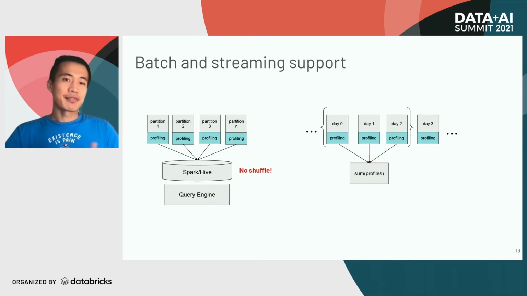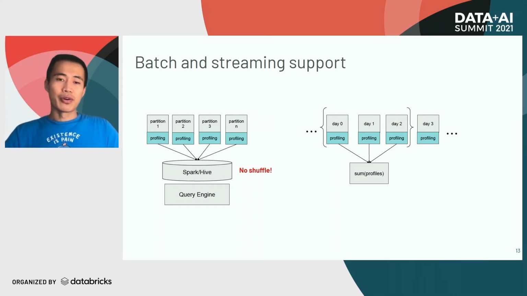And because of those properties, you can apply these techniques in both batch and streaming infrastructure. What that means is that you can run profiling within Spark or Hive or Kafka, and then get these global profiles with very little cost added on top.